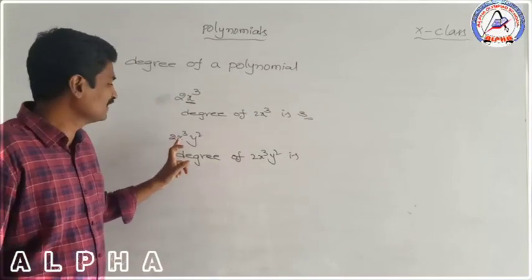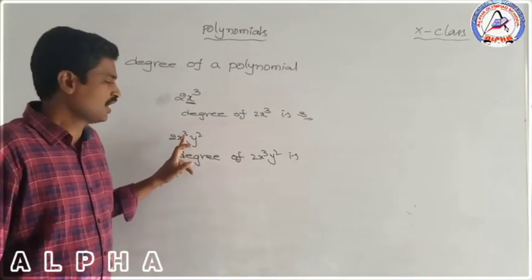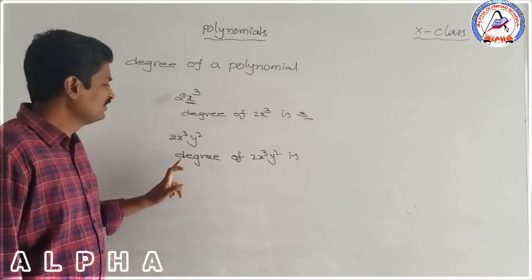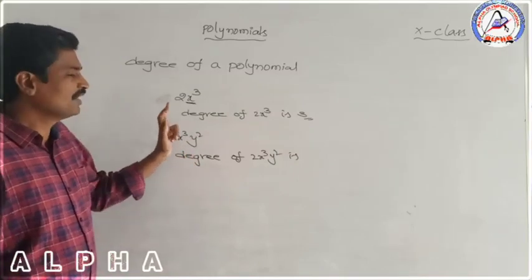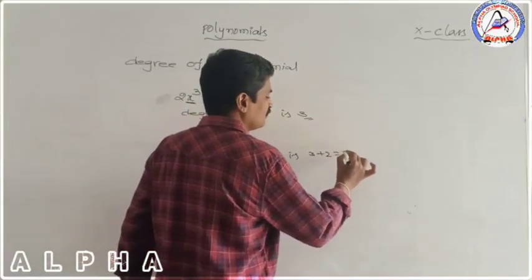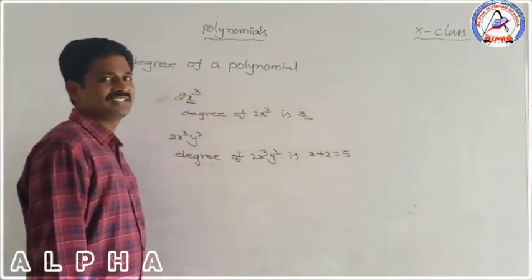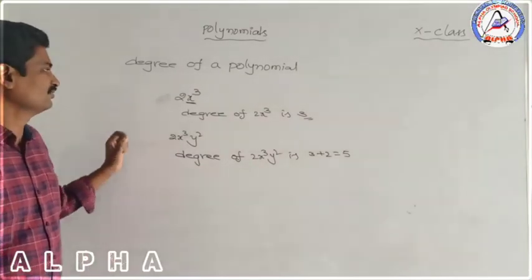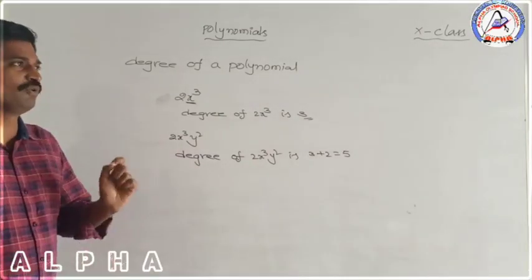The x power is 3 and the y power is 2, so this polynomial's degree is 3 plus 2, which is equal to 5.